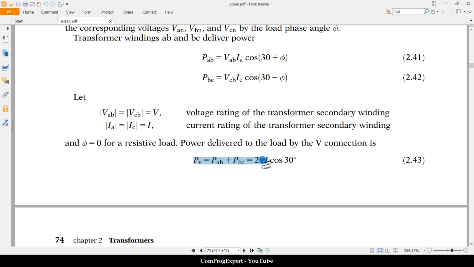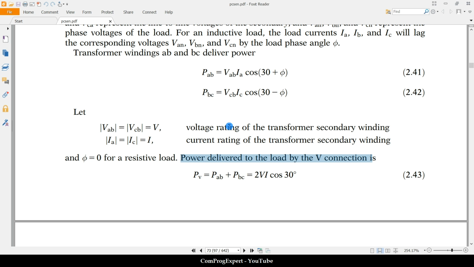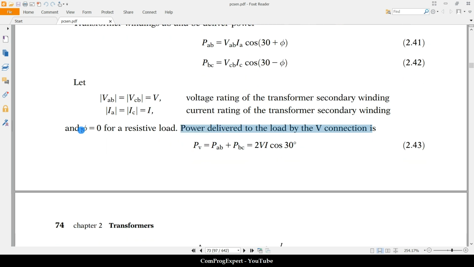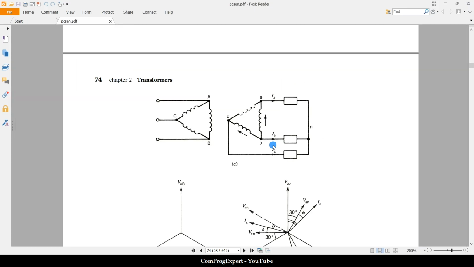Yes, this is the case that we have a resistive load, because we are going to calculate the maximum power delivered by the V connection here in this part of the reference. We consider the value of phi is 0, but for inductive load or capacitive load, we should calculate the value of phi. If we consider a resistive load, this is the maximum power delivered by the V connection.